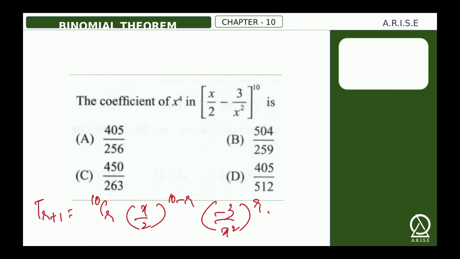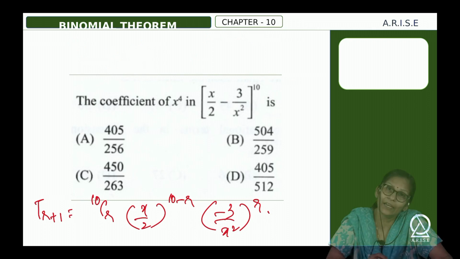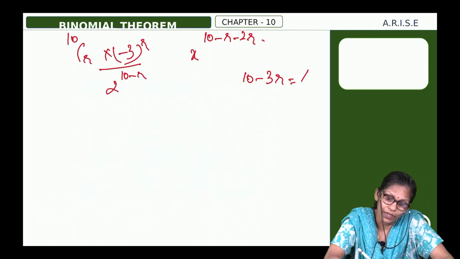Now, what is the term? x raised to 10 minus r, into x raised to minus 2r. So, you have 10 minus 3r. You are asked to find the coefficient of x raised to 4, making r as 2.